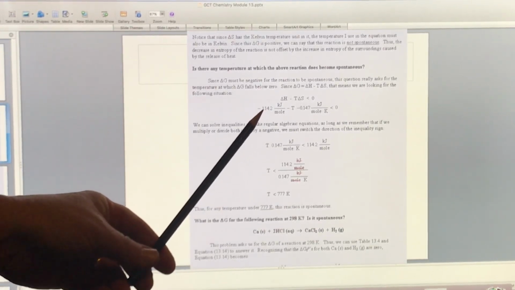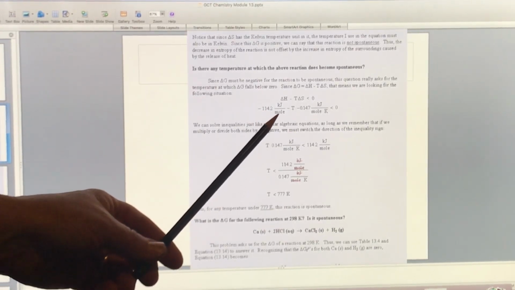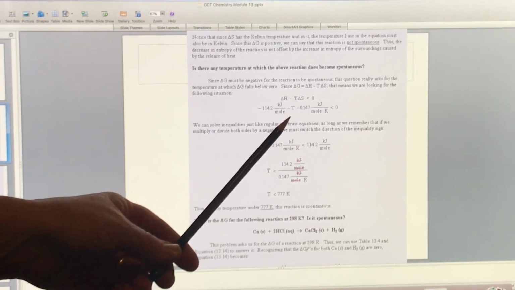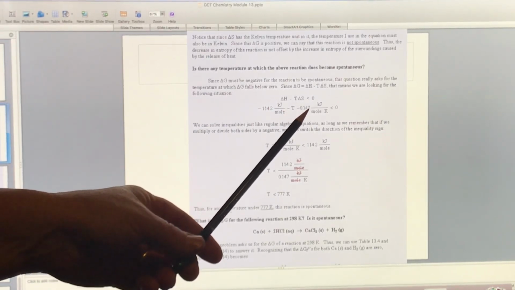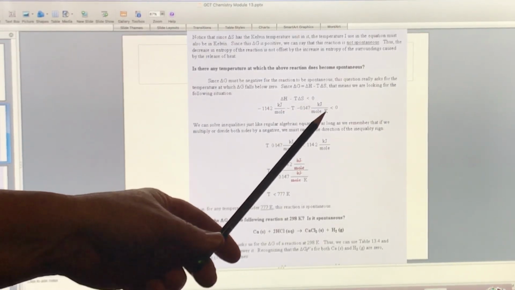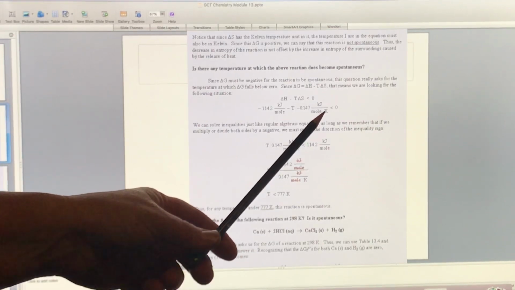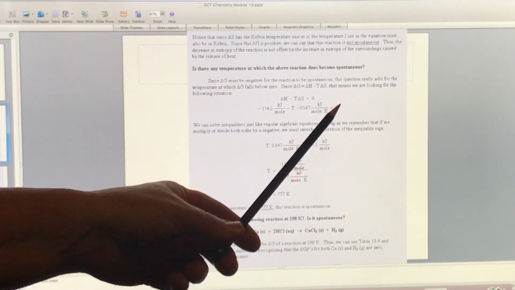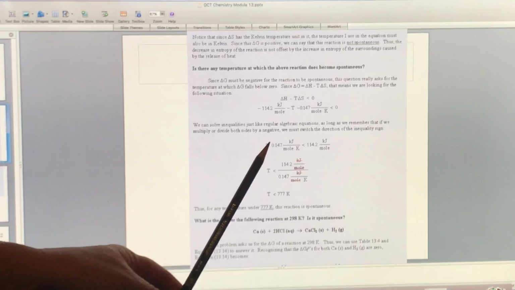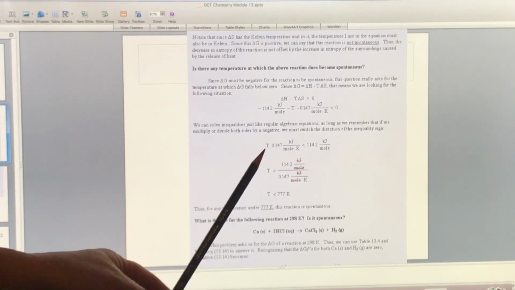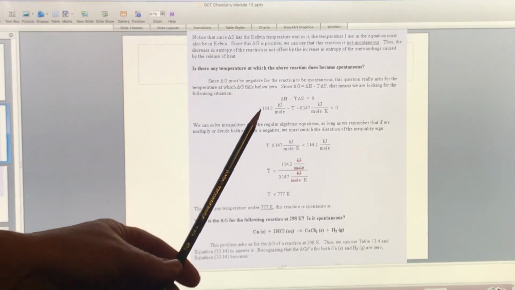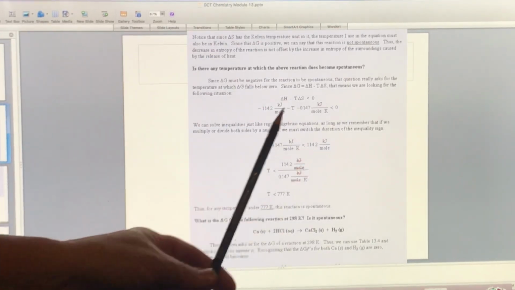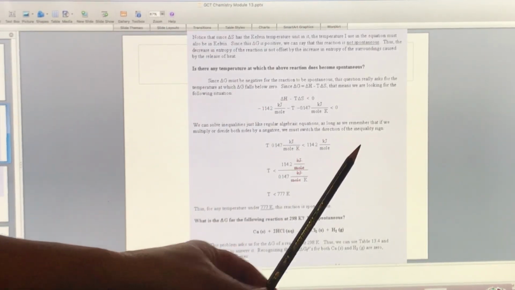So we have the negative 114.2 kilojoules per mole that was given, minus the T, times the minus 0.147 kilojoules per mole times Kelvin, and that's less than 0. So we want to solve for T. We're going to do that by adding 114.2 to both sides of this equation.